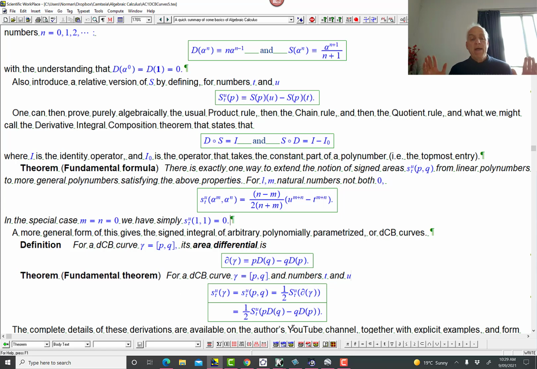And then the fundamental theorem is a kind of a generalization or extension of this fundamental formula.